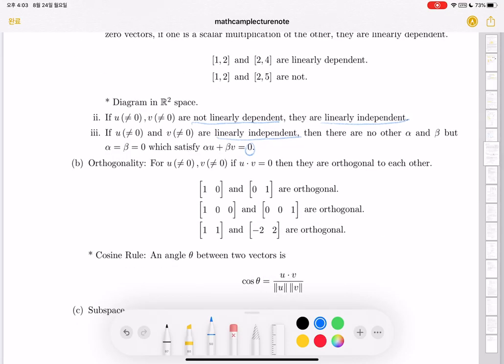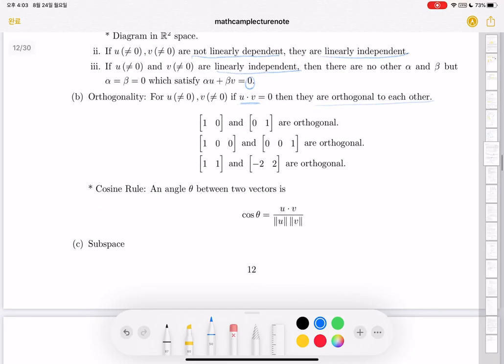Orthogonal: two vectors are orthogonal if their inner product is 0. You can define an angle.